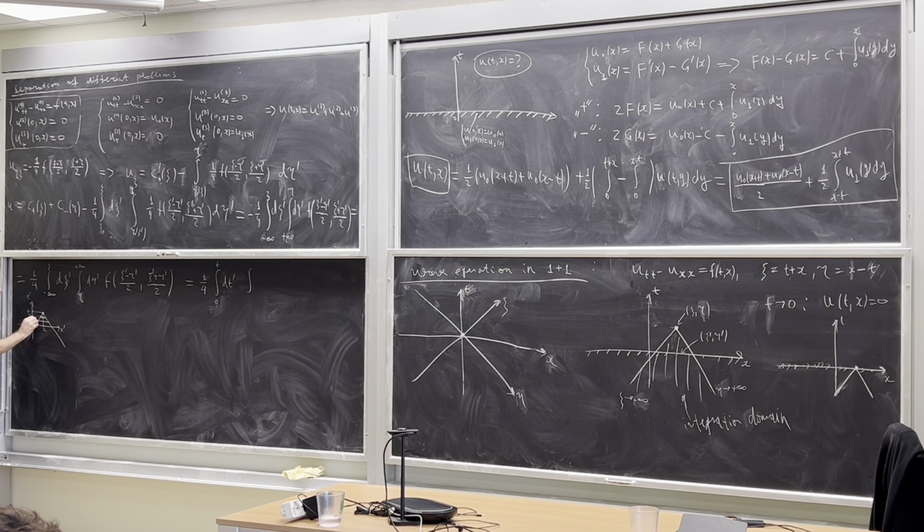So x minus t minus t prime. Yeah, well, plus, and in this case it is t, and this is x minus t minus t prime.